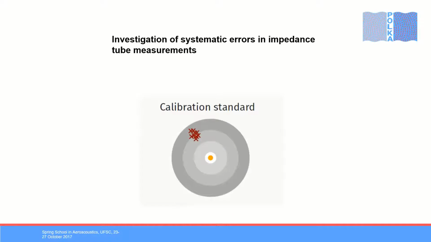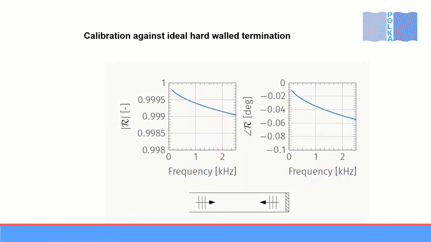So what Luke tried to do was to have some kind of correct answer, a calibration standard. And then again, we have accuracy, how close the red measurements are to this center, which is the standard, and precision, how near the different measurements are to each other. For the impedance tube, he shows the case of a hard-walled termination, because theoretically we believe we know what result we should get if we measure the reflection amplitude and phase.